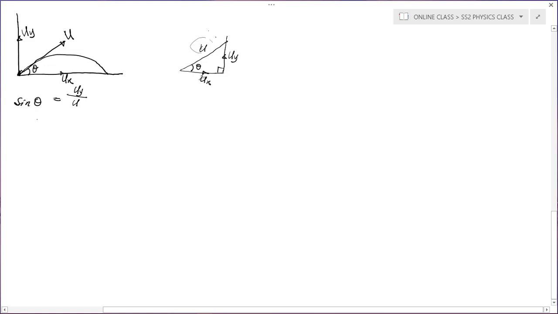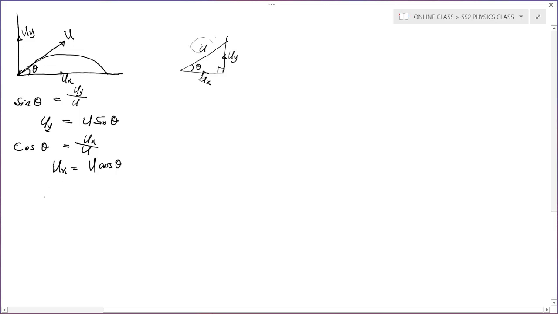That is to say, uy is equal to u sine theta. Then again, cos theta is equal to ux over u. That is, ux is equal to u cos theta.